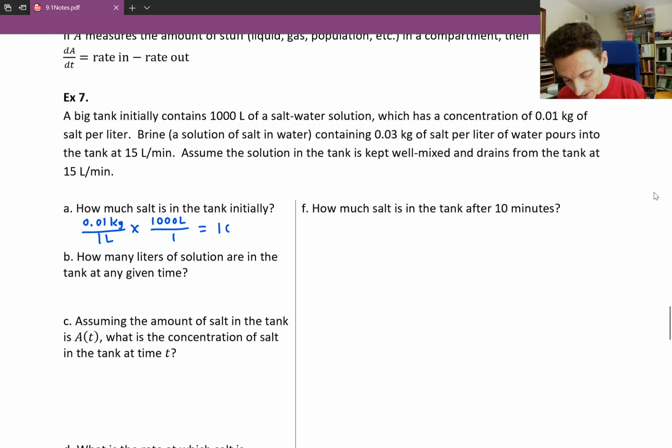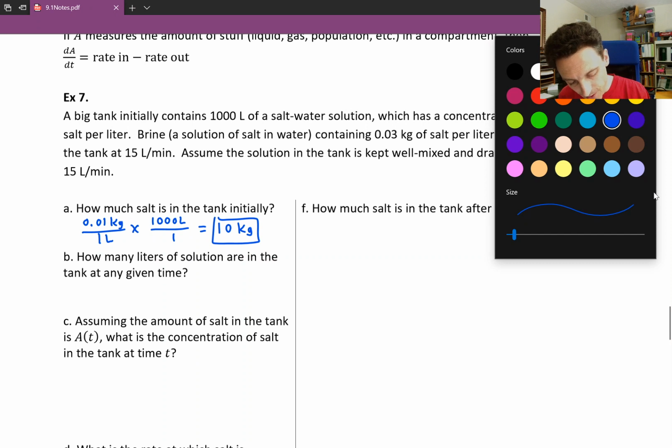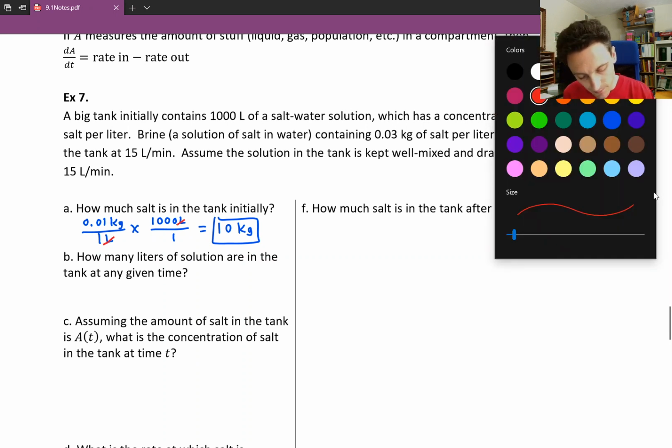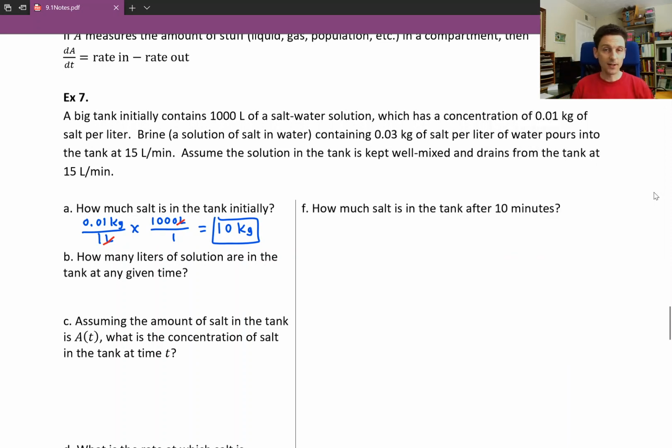So there you get just 10 kilograms. Notice that the units of liters are canceling and you just get kilograms. Okay, so that's how you can figure out how much salt there is in the tank initially. There are 10 kilograms of salt. It's all mixed in the solution, but there are 10 kilograms altogether.